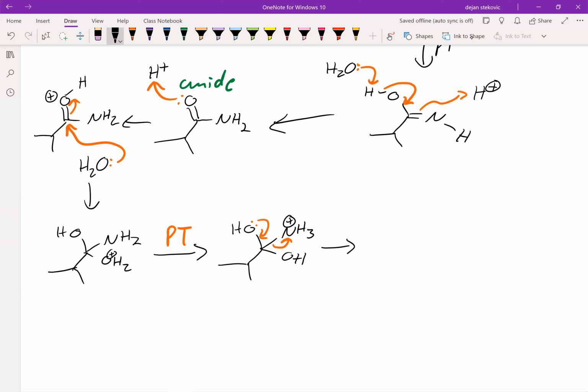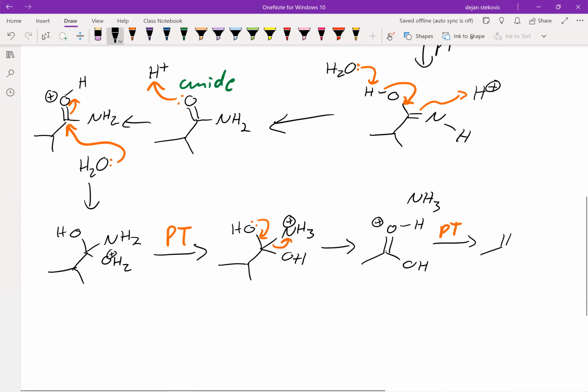This NH3+, now that it's protonated, makes for a pretty good leaving group. Then what we're left with is our protonated carboxylic acid and, of course, NH3 floating around. Then we just do one final proton transfer to make our carboxylic acid neutral.